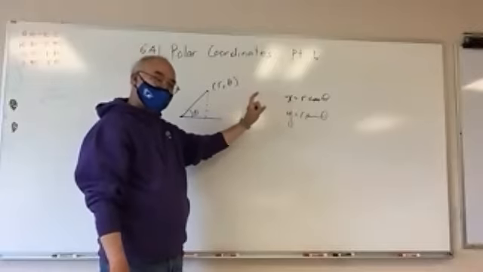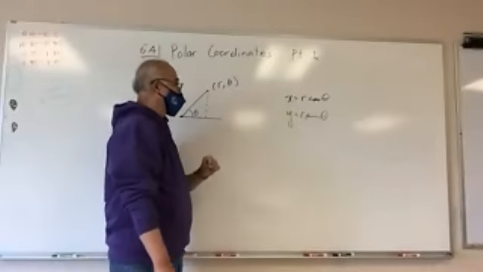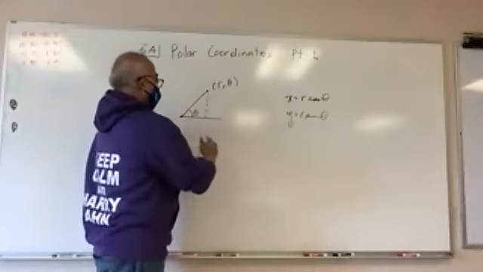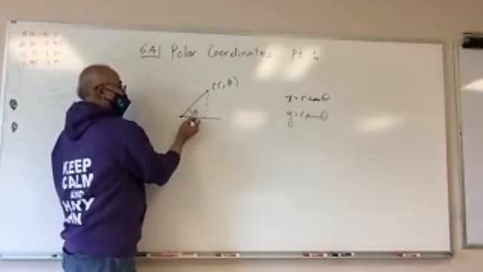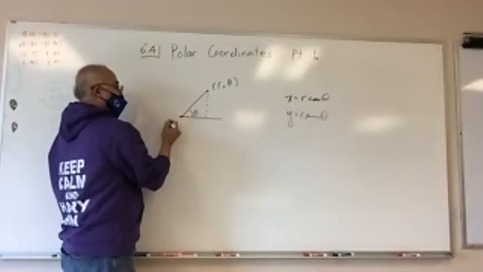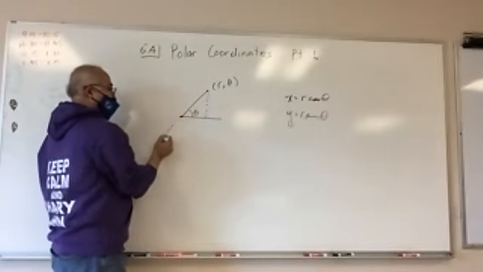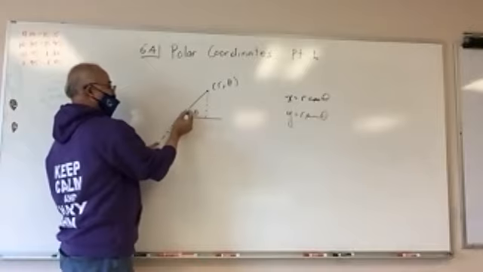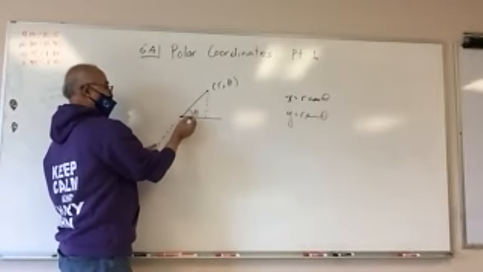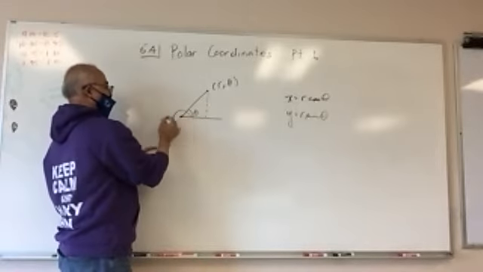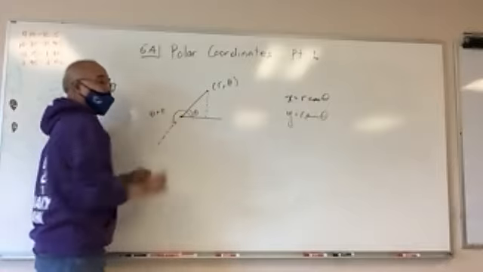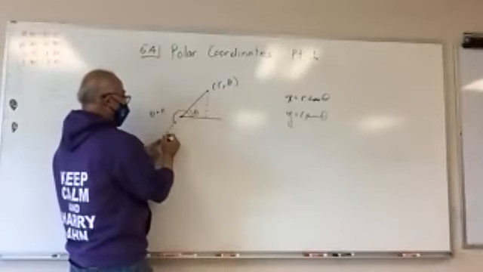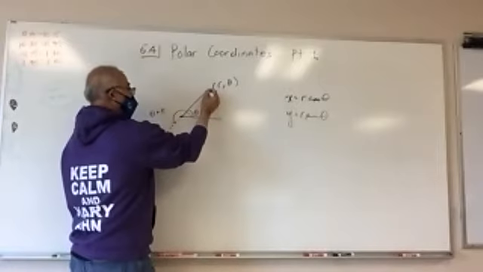Okay, not too bad. I'm going to throw a little bit of a monkey wrench in here. I can actually go from here all the way across to here, and this would be what? Theta plus what? Yeah, so it's theta plus pi, in radians, right? And instead of going here, I can go backwards and end up here.